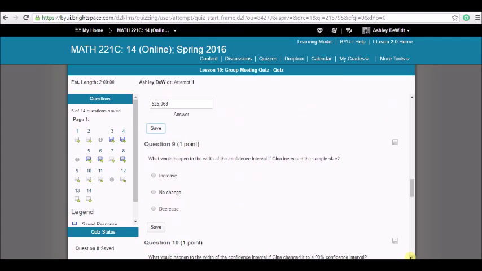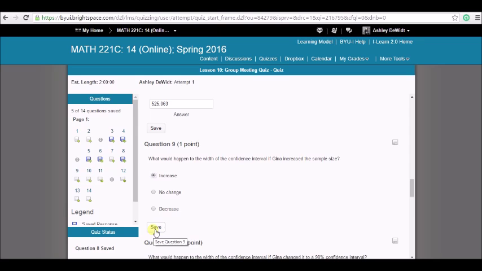And then what would happen to the width of the confidence interval if Gina increased the sample size? Wouldn't it increase because there's less variation? Or less chance of variation? For increasing the confidence interval, there would be more variation. If it's smaller, it's a narrow interval, so it's decreasing.